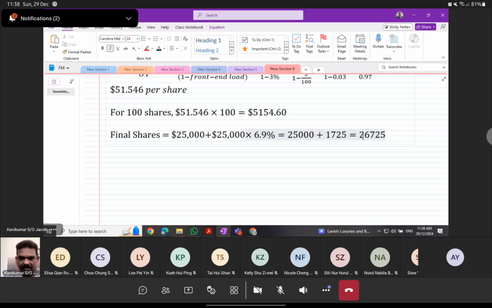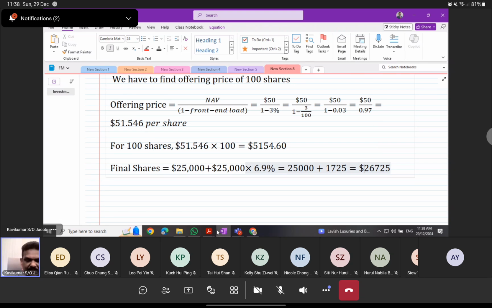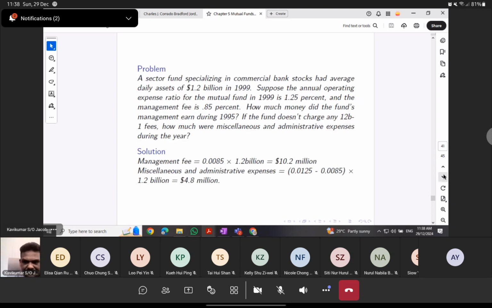This is the income. Appreciation means you're earning. So what will be the NAV of the fund at the end of 1999? One, because this is a money market fund. A money market fund is supposed to maintain $1.